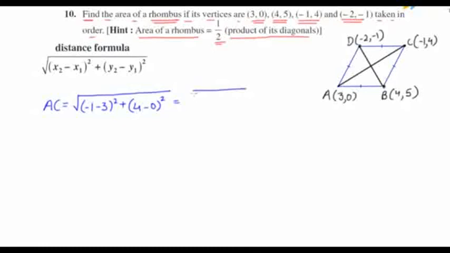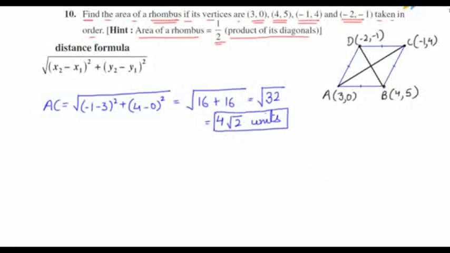Minus 1 minus 3 is minus 4, and minus 4 square is 16, plus 4 square is 16. So it will be square root 32, which can be written as 4 square root 2. So AC is 4 square root 2 units.